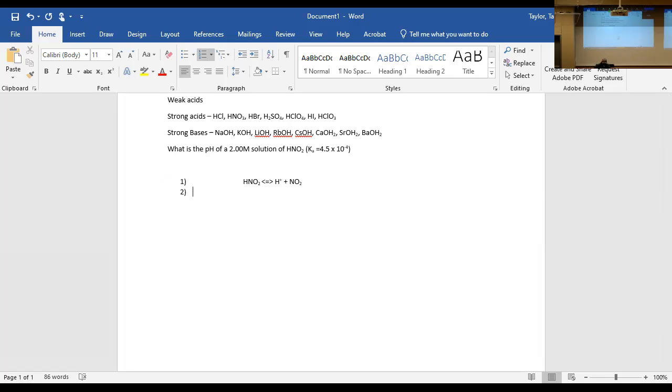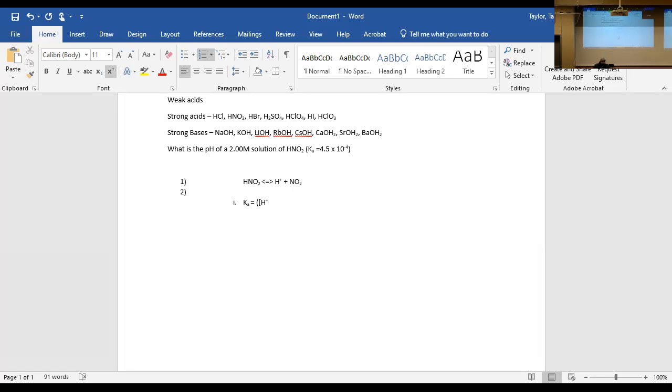Then step 2 is to write down the equilibrium expression, which is where you plug in your Ka. So Ka is equal to, put it in brackets so you all understand, the concentration of H plus, because it's products over reactants.